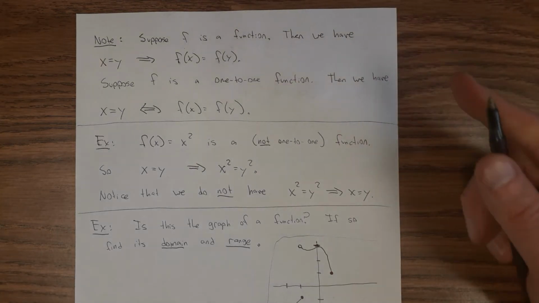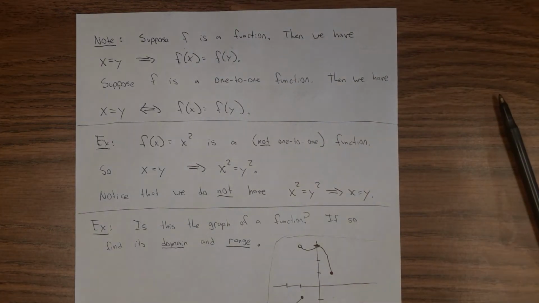And this is a very general statement. Roughly speaking, this is a mathematical way of saying what we've always known, which is you can take an equation, and as long as you do the same thing to both sides, you get another true equation.